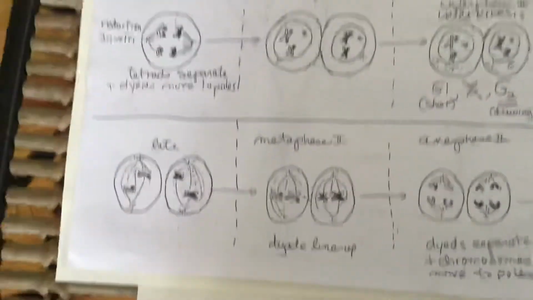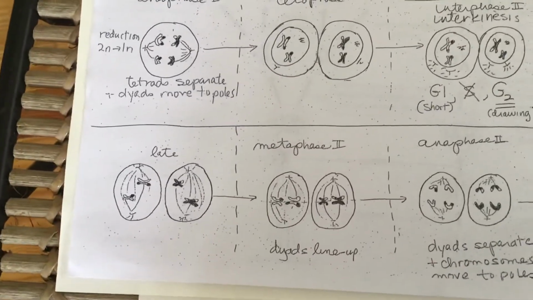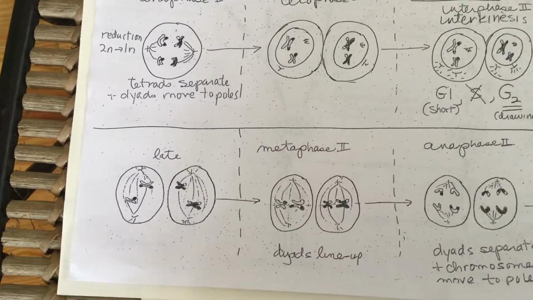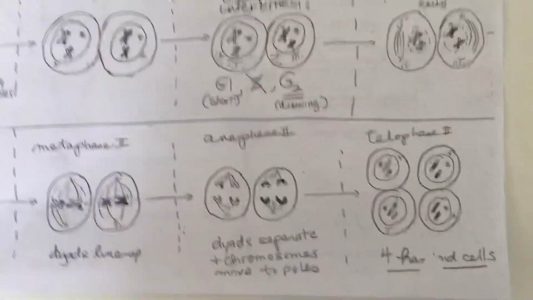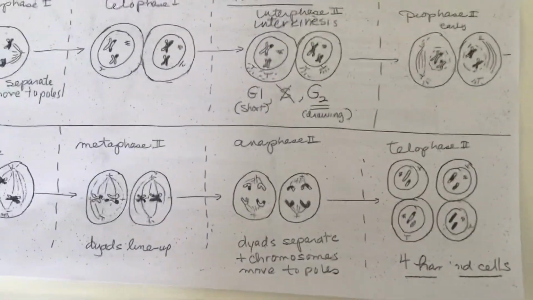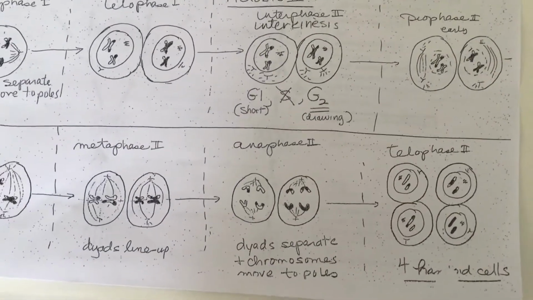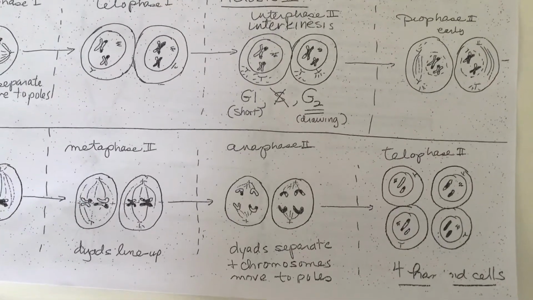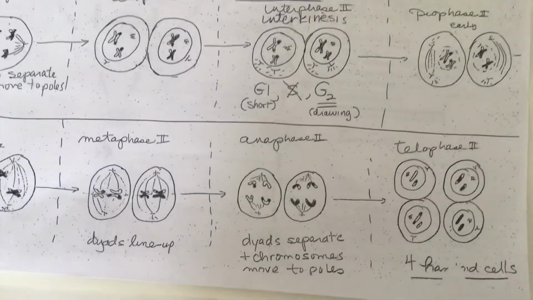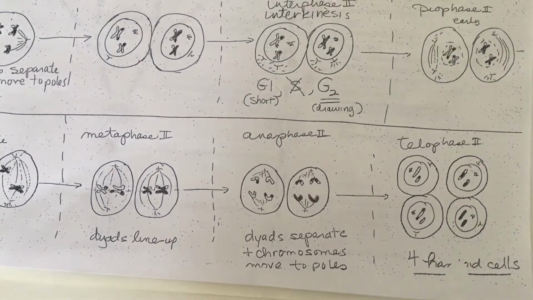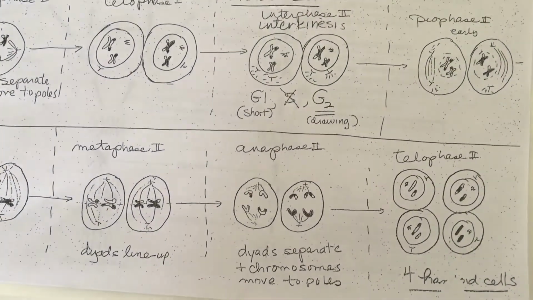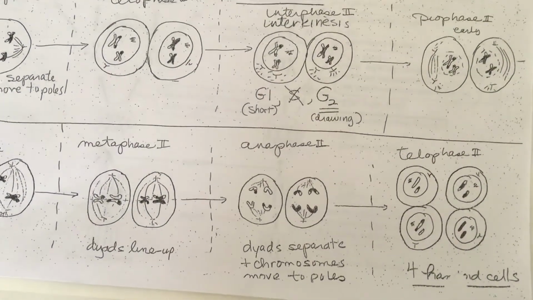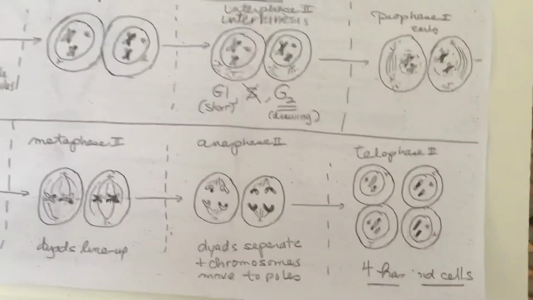In metaphase 2, you have the chromosomes, or the dyads, lining up along the equator. And then in anaphase 2, you have the dyads separating. That is, the sister chromatids of each one are separating to separate sides. But notice, because of crossing over, that they each are different. So the dyads separate and they become chromosomes again as they move towards the poles.